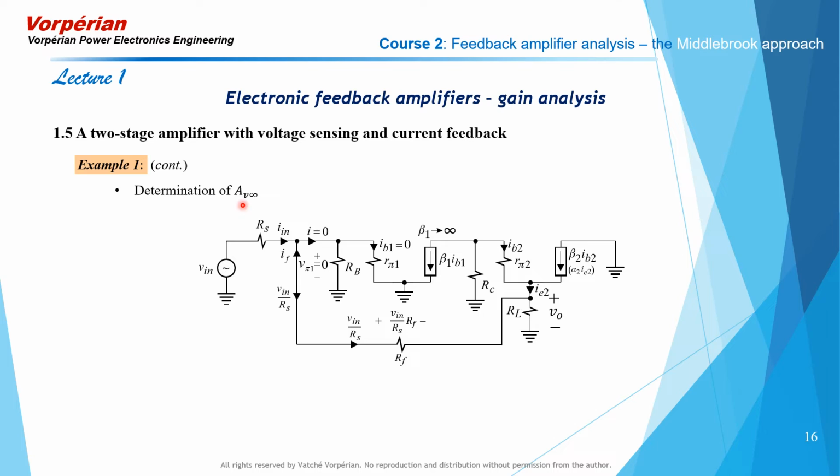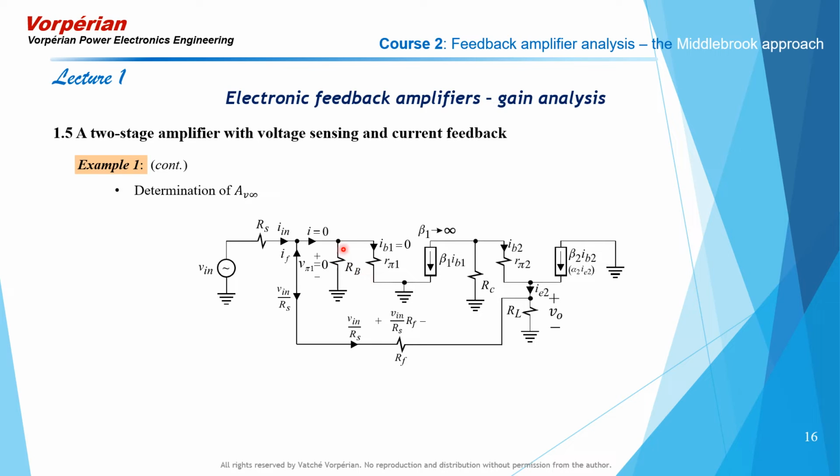To determine AV infinity, we said we're going to let beta 1 go to infinity. When beta 1 goes to infinity, IB1 will shrink to 0, and the voltage drop across R pi 1 will shrink to 0.